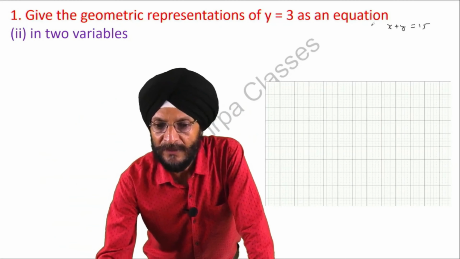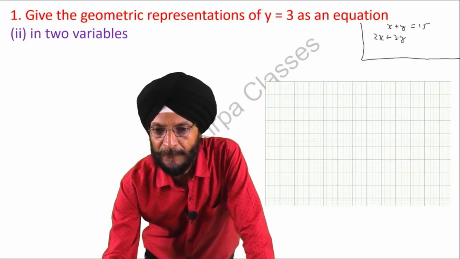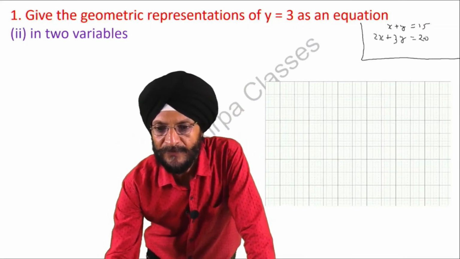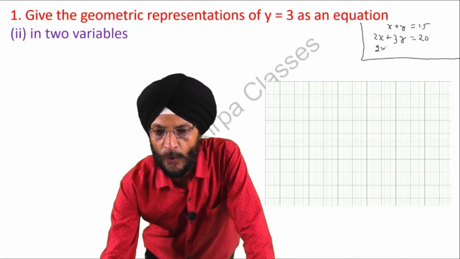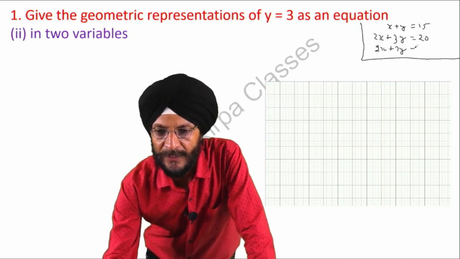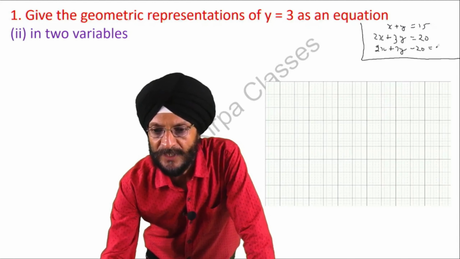Here I am only telling you about the formation of linear equation. This is not to be written in the exam. It may be in the form of 2x plus 3y is equal to 20, or it may be 2x plus 7y minus 20 is equal to 0.